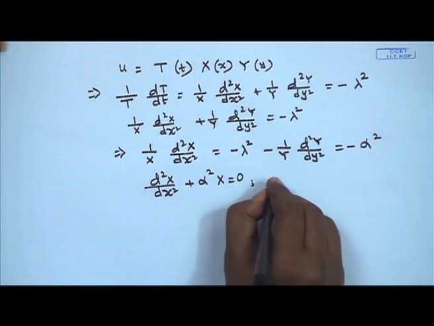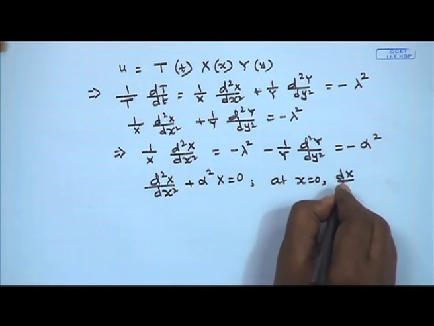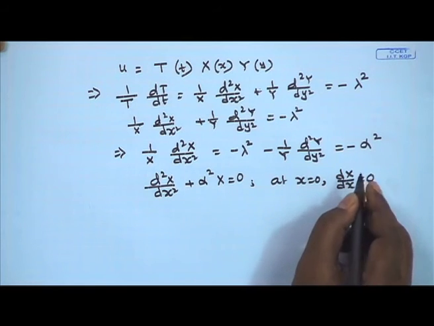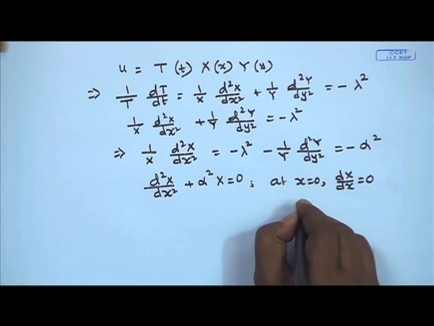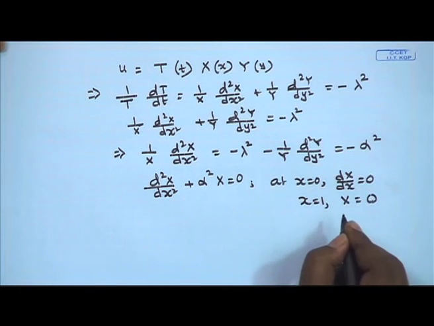At x is equal to 0, we have dX/dx is equal to 0, because this must be satisfying the boundary condition of the original problem. In the mother problem, we had the Neumann boundary condition prevailing at x is equal to 0. So, therefore, in the sub problem also the spatial varying part must be satisfying that boundary condition at x is equal to 0. At x is equal to 1, it was a Dirichlet, so we will be having a Dirichlet boundary condition here as well.